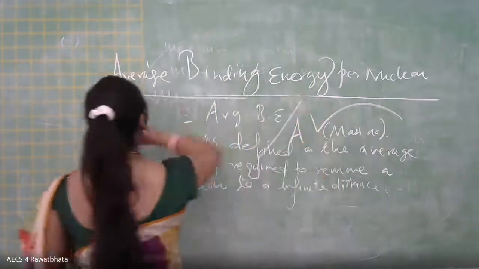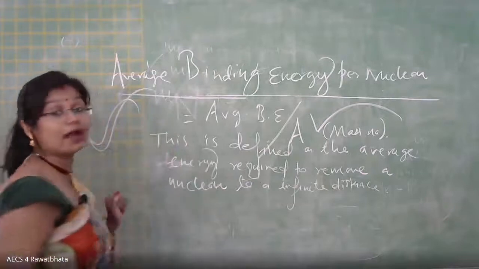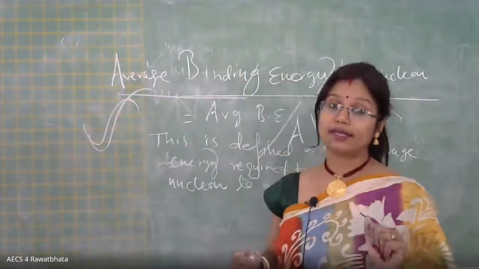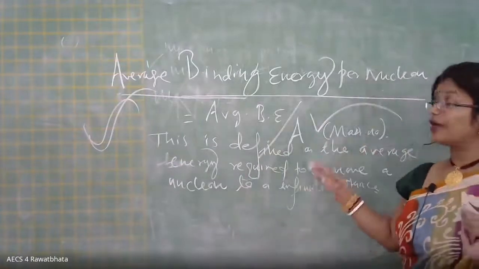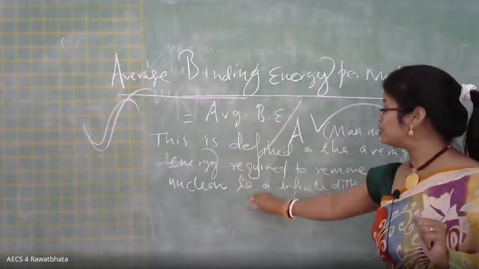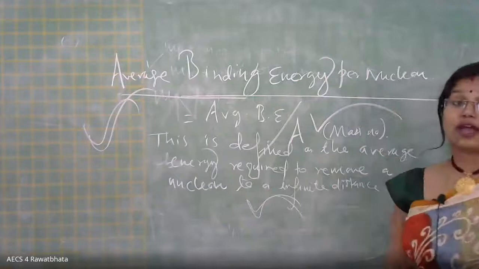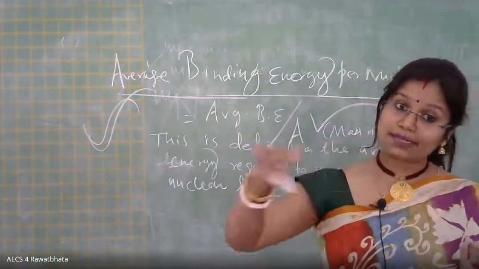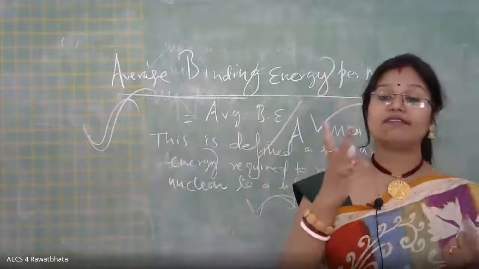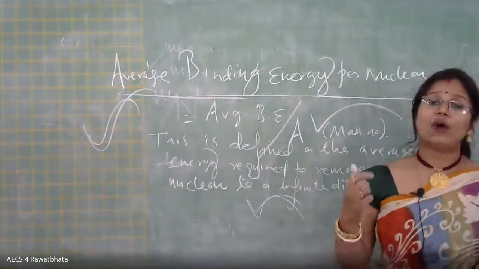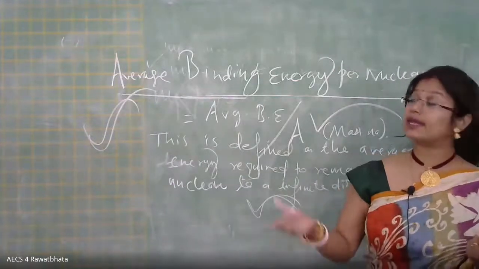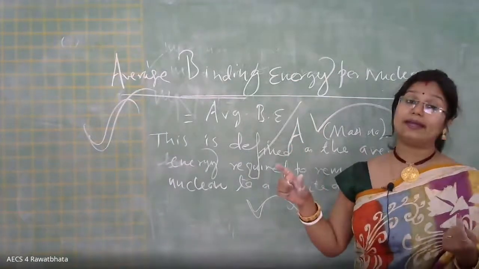Now, this binding energy per nucleon graph is very, very important for discussing so many important things, dear. So that graph part we will be drawing now. First just write down this part, dear. Now after this you are having the graph. We are taking the mass number and we are having the two axes, X and Y. On one axis we are taking your mass number and on the other axis your average binding energy per nucleon.